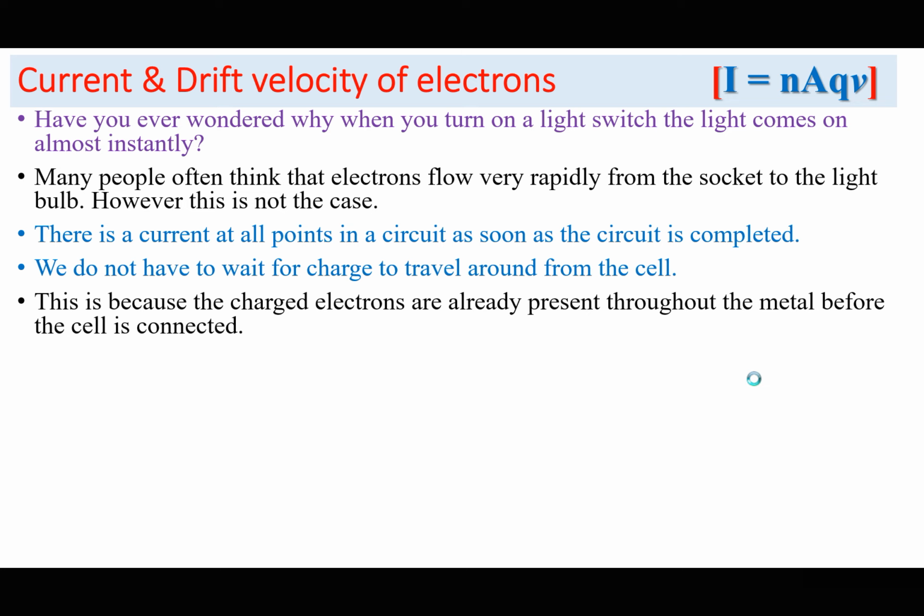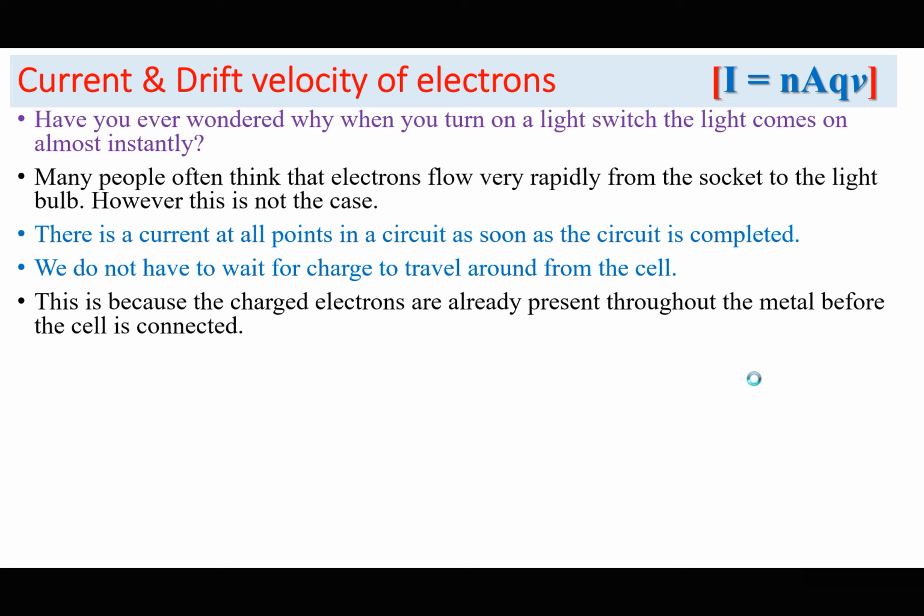This is because the charged electrons are already present throughout the metal before the cell is connected. There are already electrons in the wires, distributed all over the conductors.